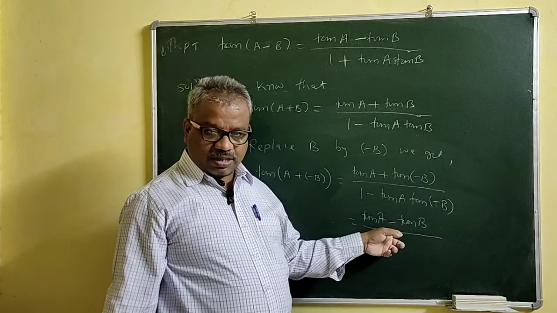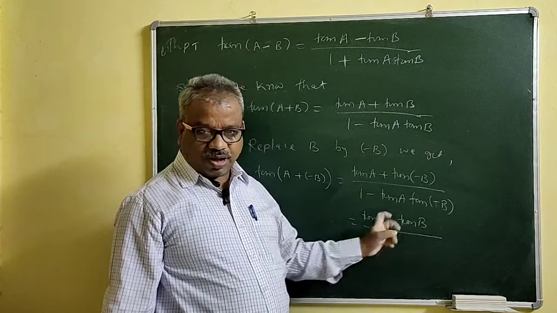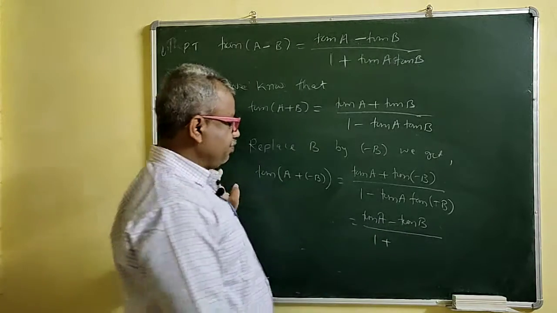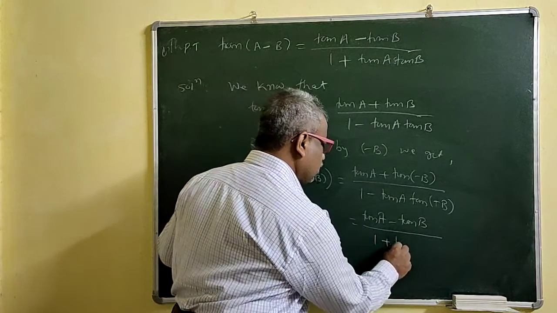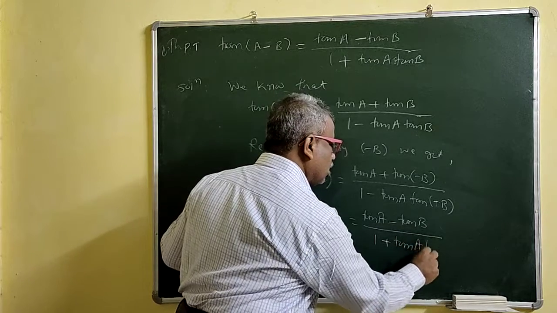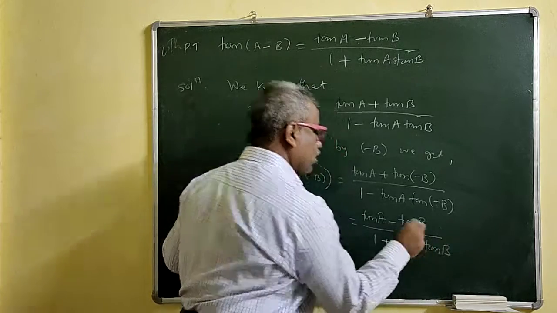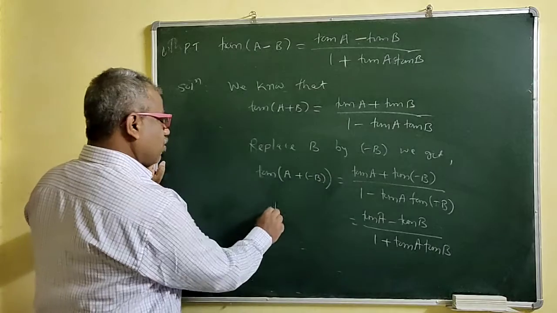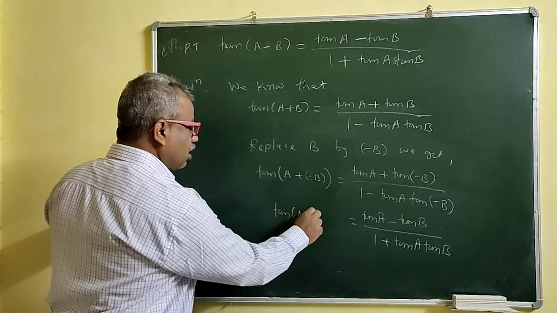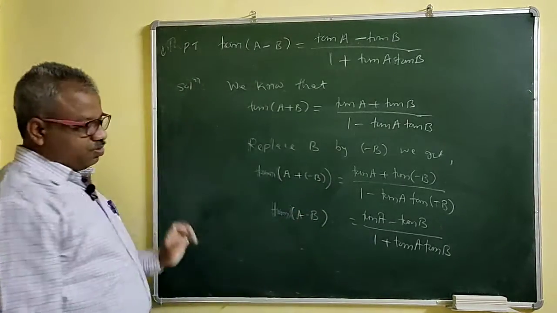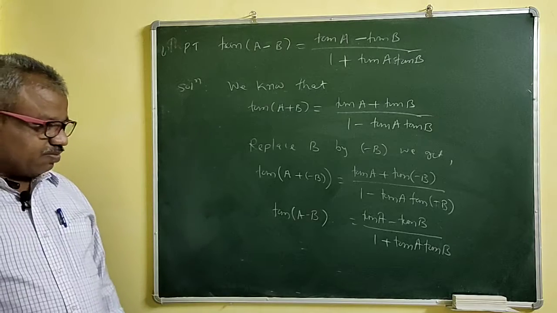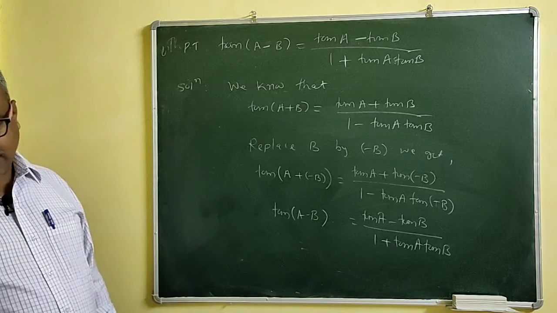For minus you can make this a plus easily, but for plus you cannot make minus as easily, right? So 1 plus tan A tan B. So we get a formula for tan of (A minus B) is equal to tan A minus tan B upon 1 plus tan A tan B.